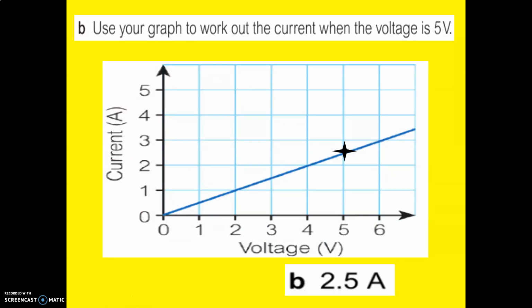Use your graph to work out the current when the voltage is 5. So looking at the x-axis, that is 5. Locate the line, and it stops at 2.5 on the y-axis. Therefore, the current is 2.5.